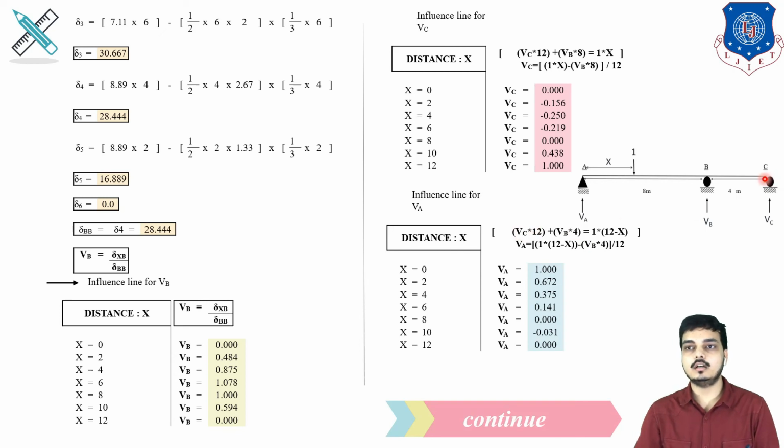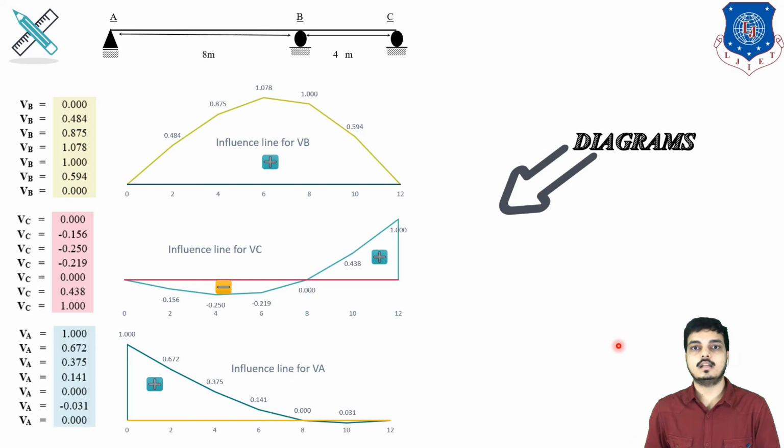So while standing over here, VA into 12 and then plus VB into 8 equals the remaining distance, which is nothing but 12 minus X, because here it is X. The remaining distance will be 12 minus X. So after solving that, we can find out VA. And then we have to draw the diagram.